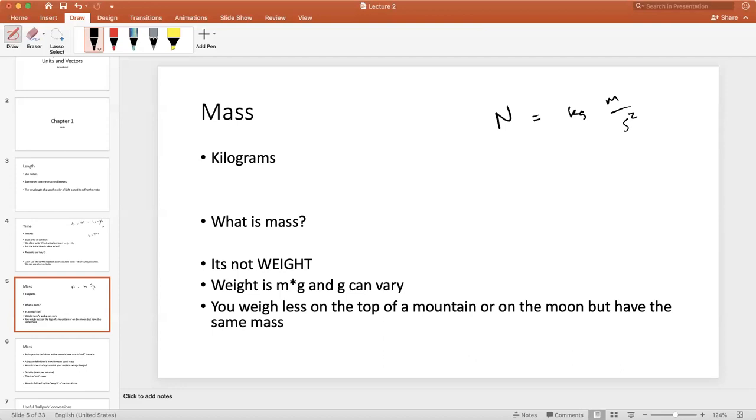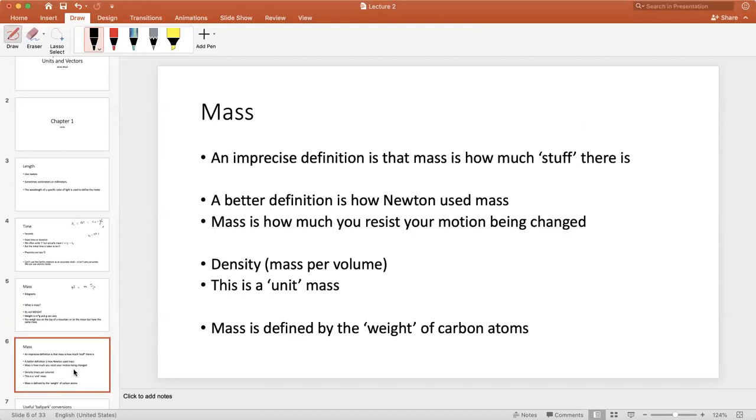What is mass? Well, there's two ways to see it. One is imprecise, and the imprecise definition is basically how much stuff there is. So if we say a mass of a gold bar, we mean how many gold atoms there are, in a way. But the better definition is how Newton used it. Newton used mass as basically a quantity that defined how hard it was to accelerate an object.